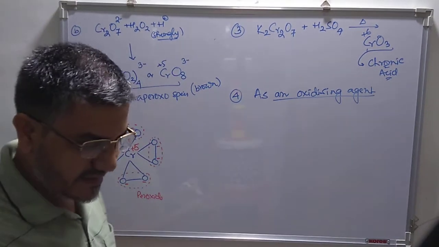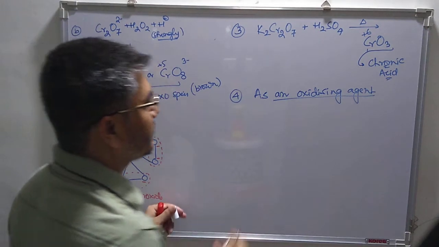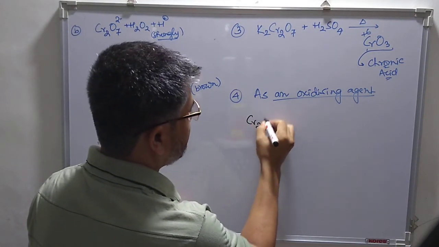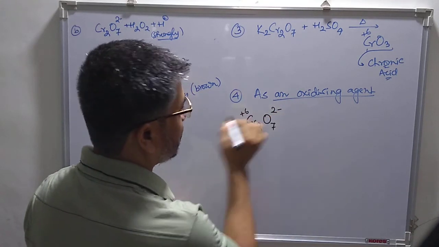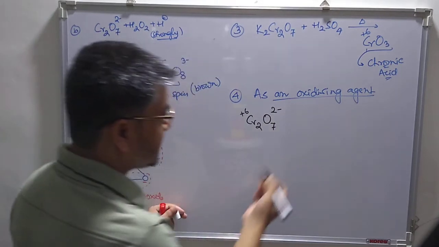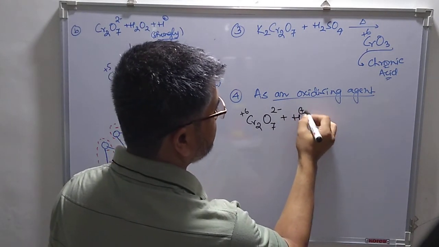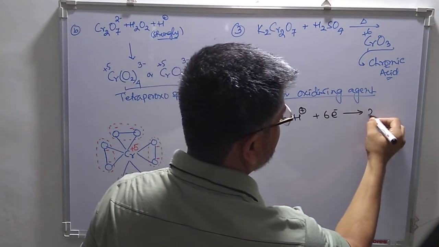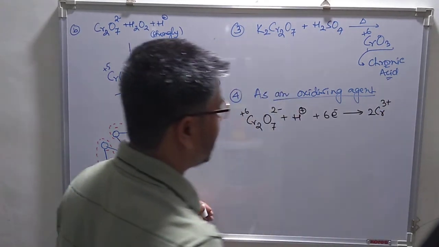As an oxidizing agent, if you look at this, we have Cr2O7 2 minus, chromium in +6 oxidation state. Whenever this reacts, it always reacts in acidic medium, when this changes to chromium +3.